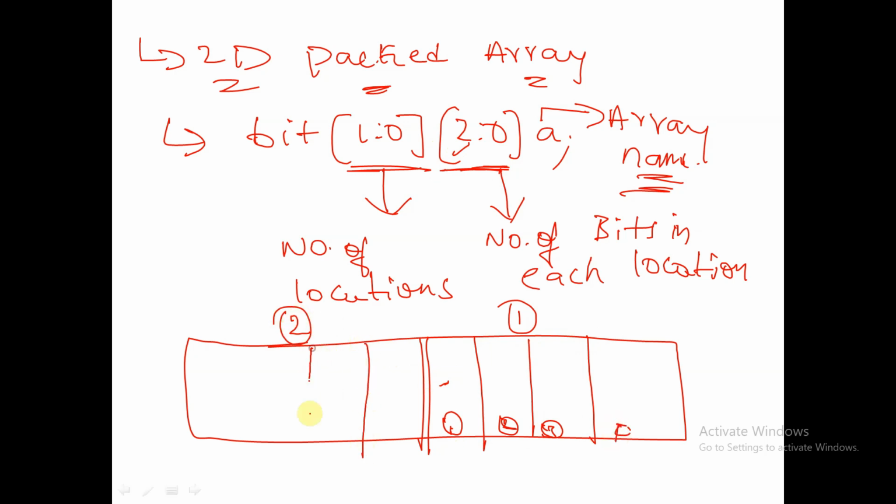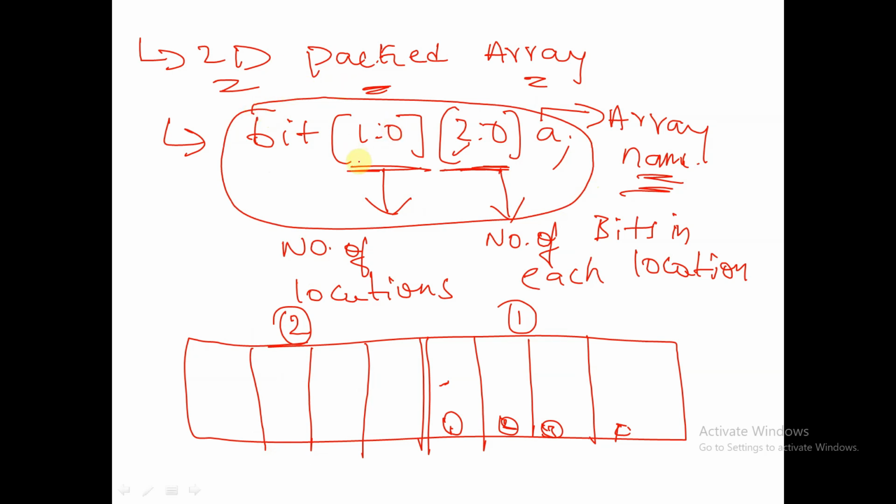So this is the meaning of this packed array syntax in two dimensions. So 1 down to 0 represents the number of locations, that is 2 locations, and 3 down to 0 represents the number of bits in each location. So in location 1 we will have 4 bits, and in location 2 we will have 4 bits.